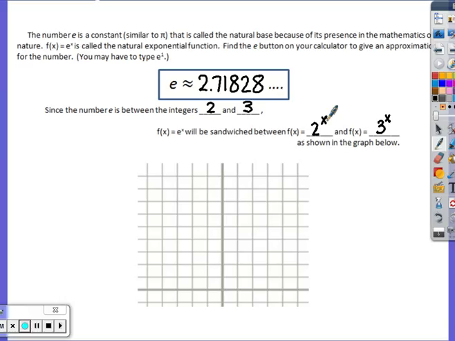How long does that take you? Good. There's my 2 to the x, okay? Oh, we haven't done a 3 to the x.